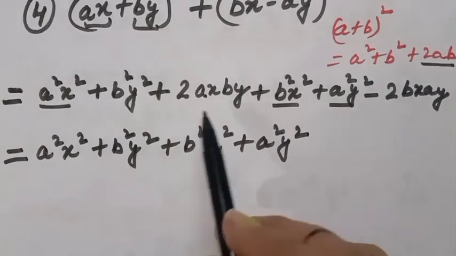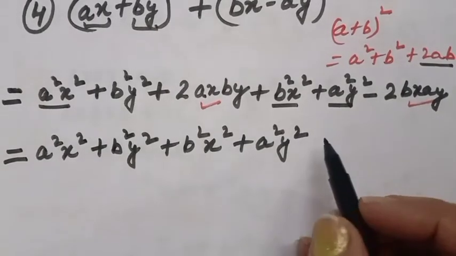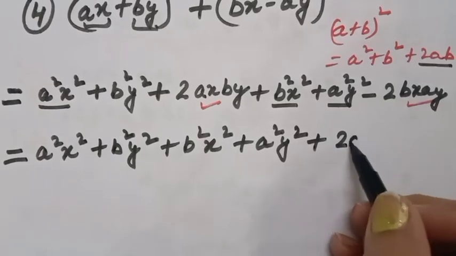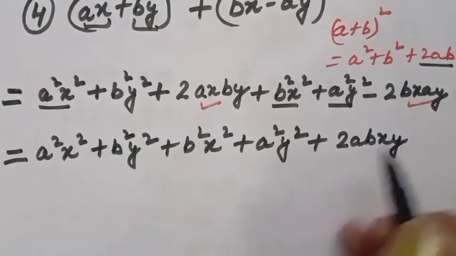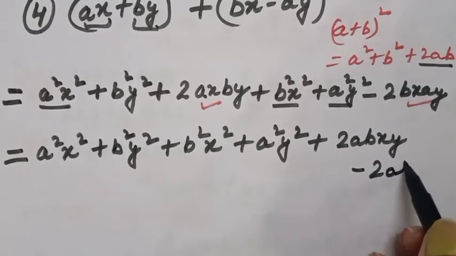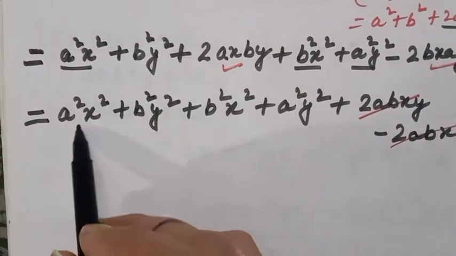So now if I write these two terms in a proper sequence so that it looks like similar terms, I can write it as 2ab xy. Similarly, minus 2ab xy, so we can cancel these two terms. So we are only left with these four terms.